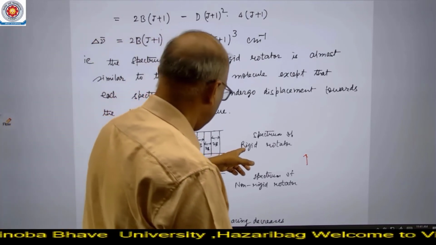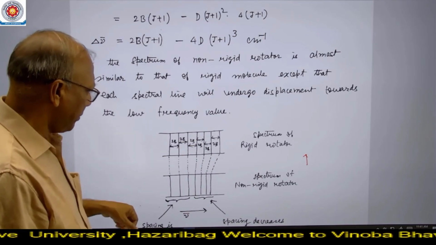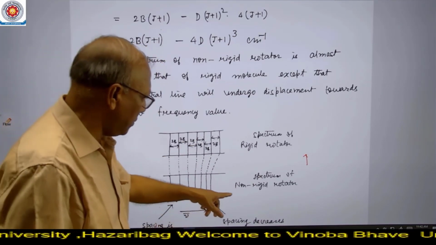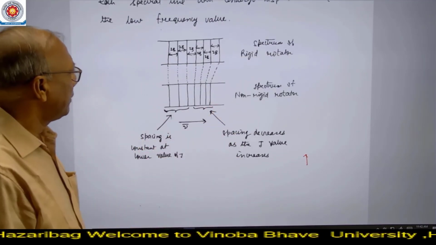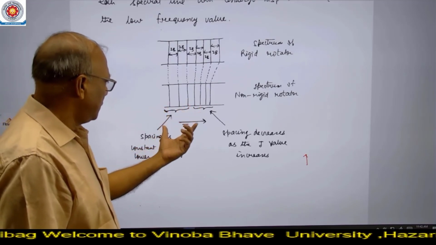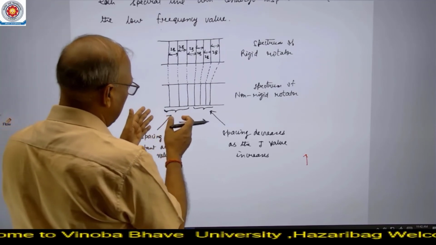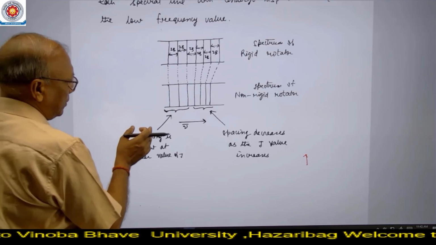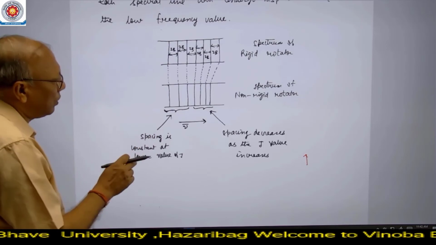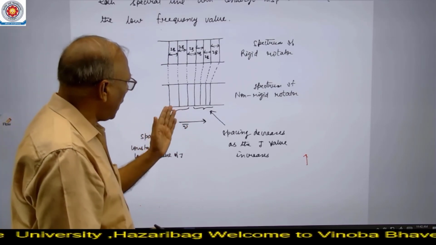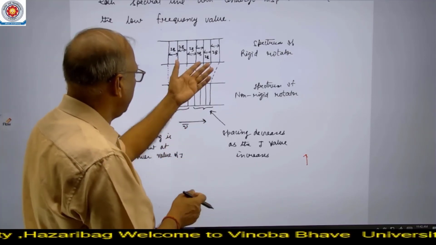Suppose we have a spectrum of a rigid rotator like this, where the spacing is 2B, here it is also 2B, and when it is compared with the spectrum of the non-rigid rotator, there are two things we observe in this figure. In the first three lines the spacing is almost constant, whereas after the first three lines there is a decrease in the spacing, which is very clear from this figure.